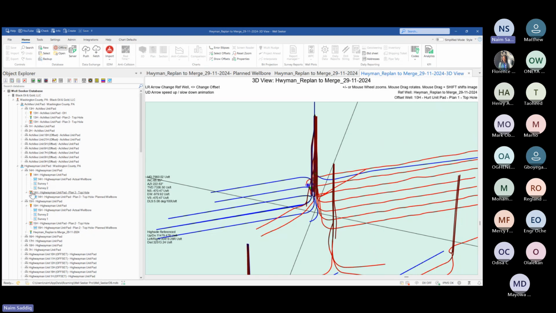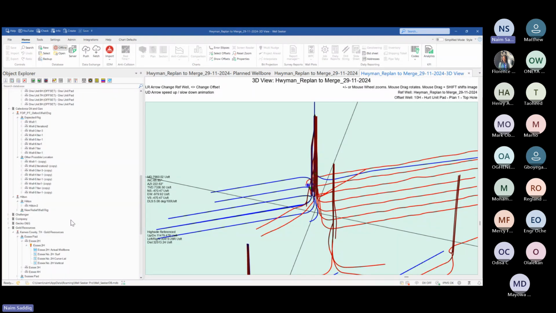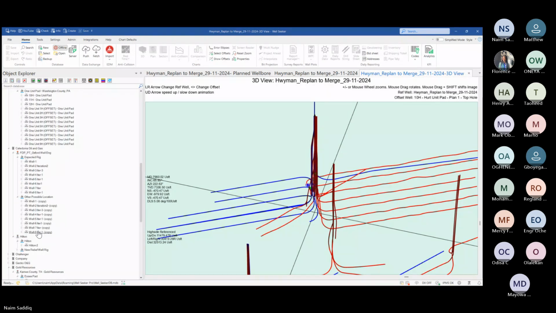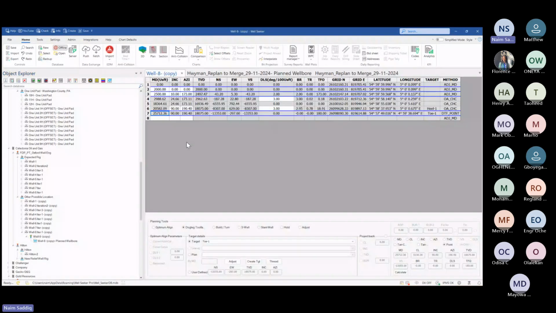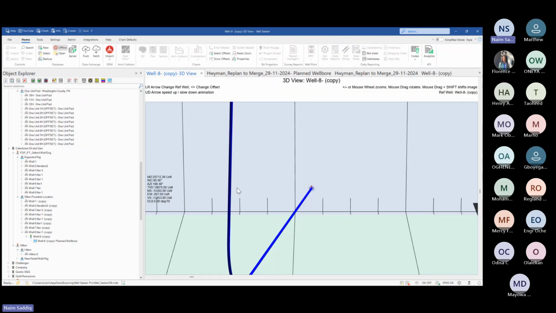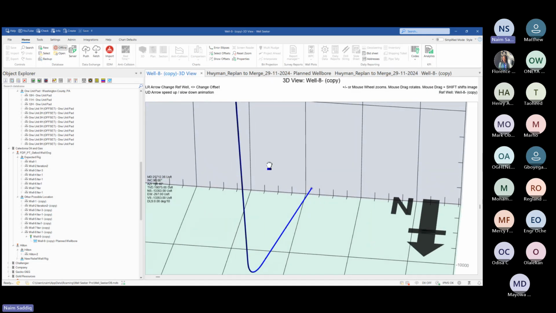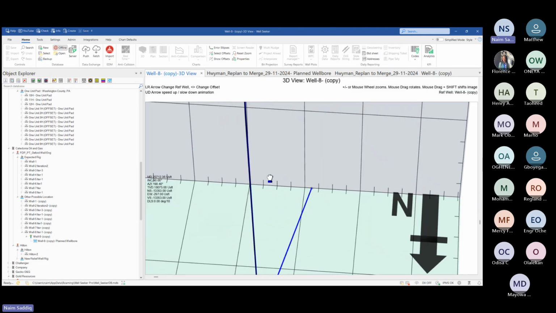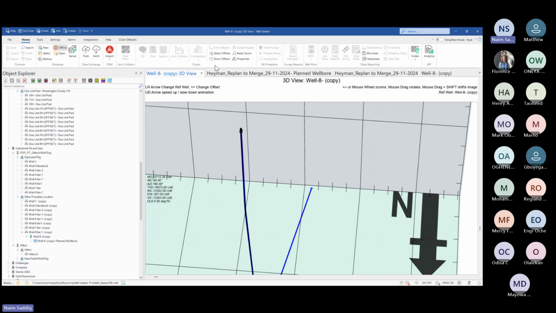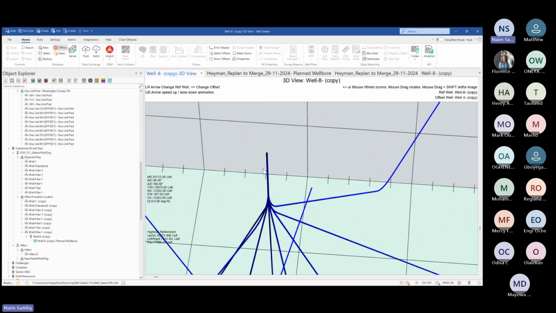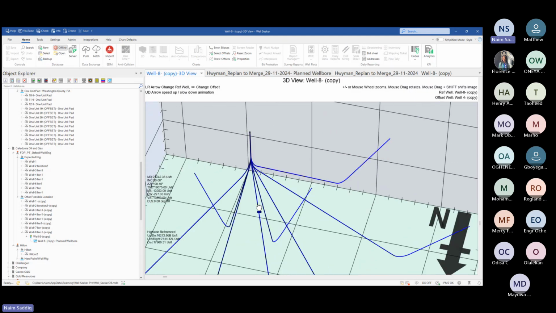So let's come back to our option. Suppose I wanted to create a pad on the offshore location. And let's see, this is one of my wells, basically. And I wanted to also show the offset. You can see this is the one that I did for some class.